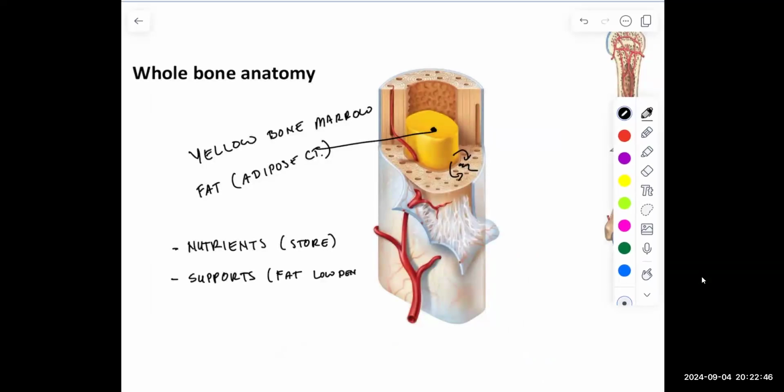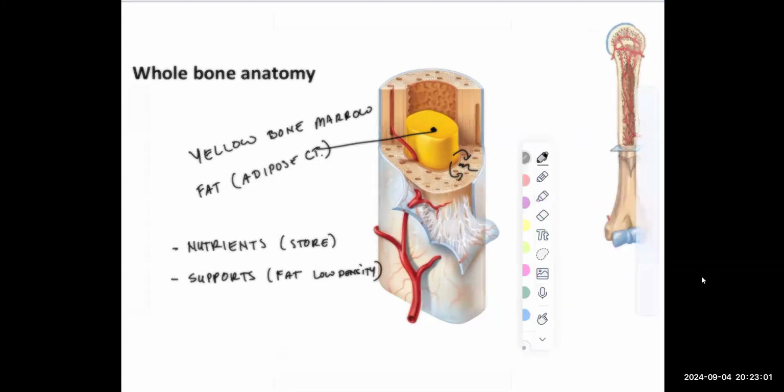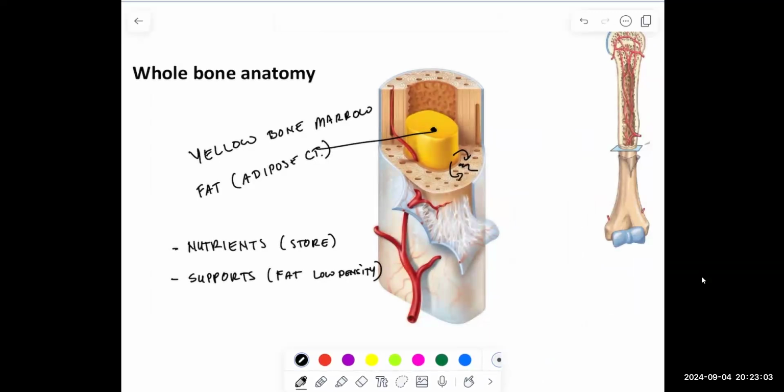That means it doesn't weigh very much, but it provides internal support for the bone and not have it weigh as much. Okay. So when I ask you, what are the two major functions of yellow bone marrow? There they are. Nutrients and support for bones.